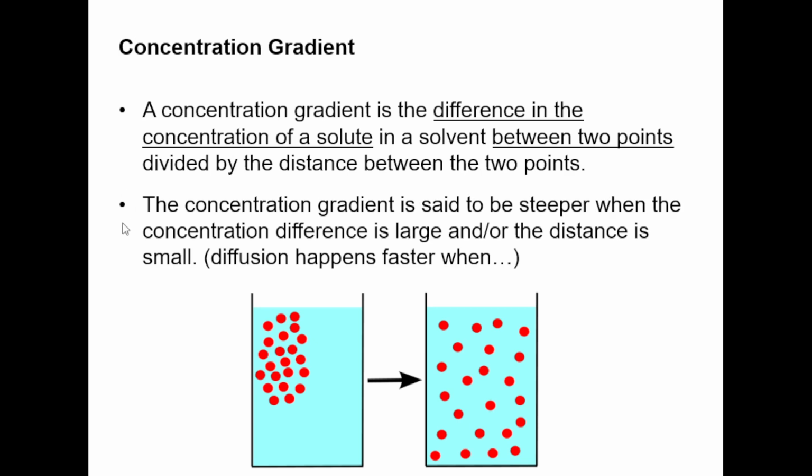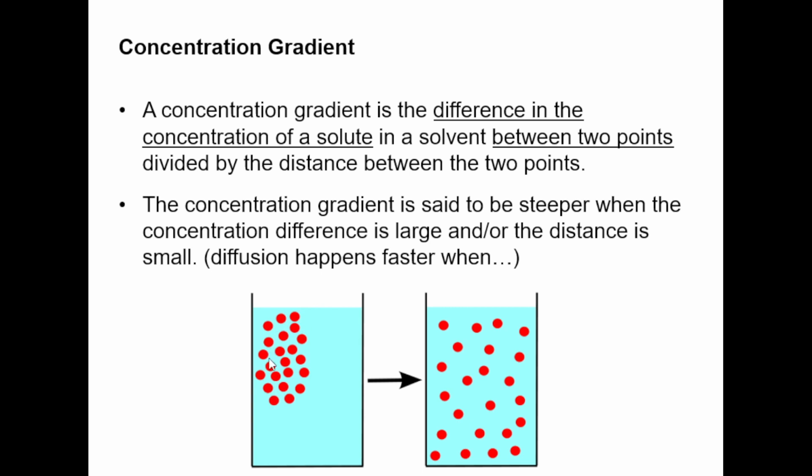Now, how do we apply this bullet when we said the concentration gradient is higher, etc.? So, if there is a lot of solutes placed in one area, diffusion will happen faster because there will be more solutes that will move. Can you imagine that?